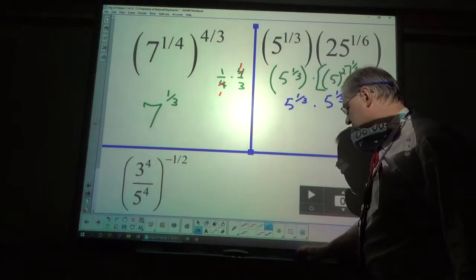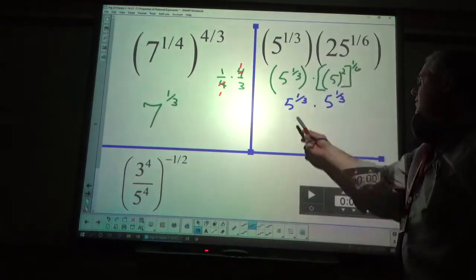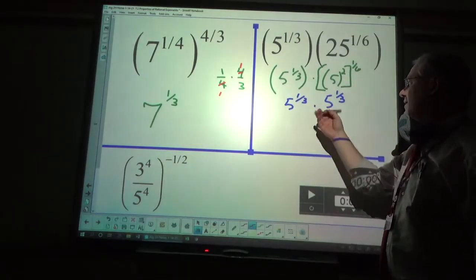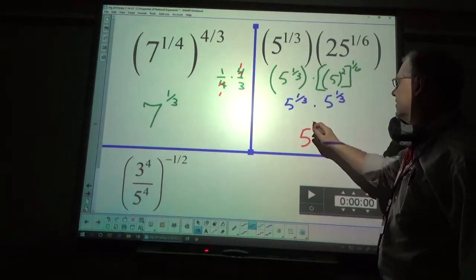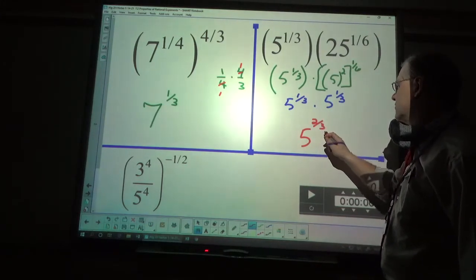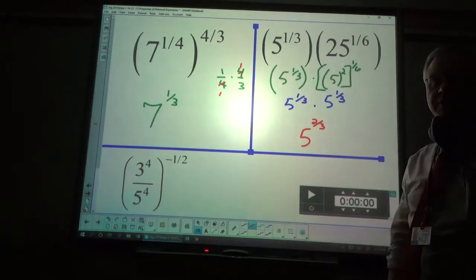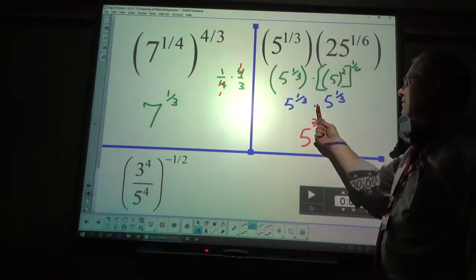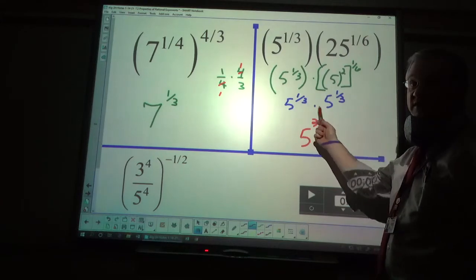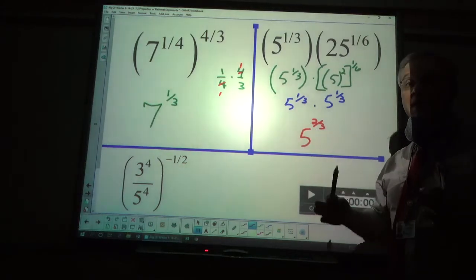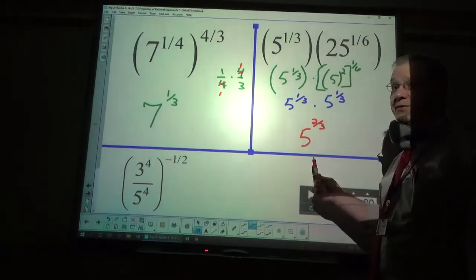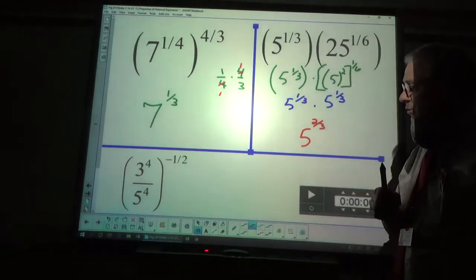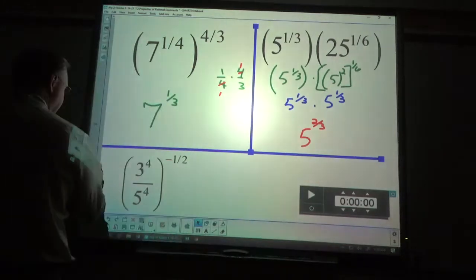So when I multiply like bases, I add their exponents: 5, not 25, to the 2/3 power. So when you're multiplying things that are raised to a power and the bases are the same, you add their exponents, not multiply the base and add their exponents. All right, let's take a look down here.